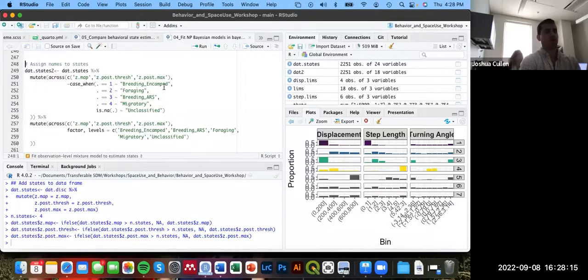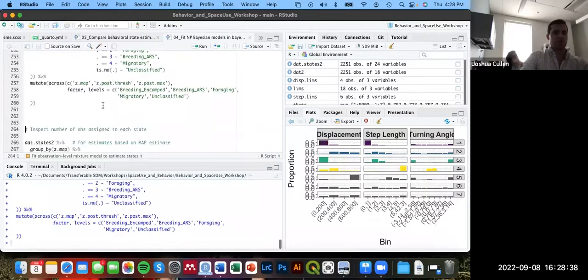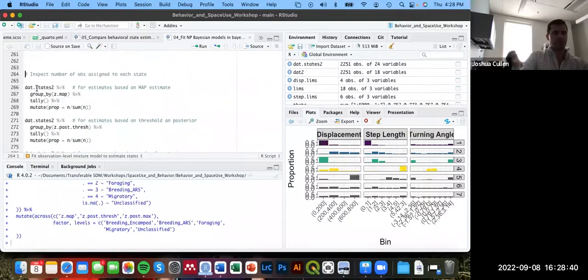So it's at the breeding location, but it's in an encamped state. If it's equal to 2, it's in a foraging state. If it's equal to 3, it's in an ARS state at the breeding location. And if it's equal to 4, it's migratory. Anything else that's potentially missing is unclassified. And then I'm specifying the levels and creating a factor instead of a character. And then we can look at the proportions of each behavioral state.